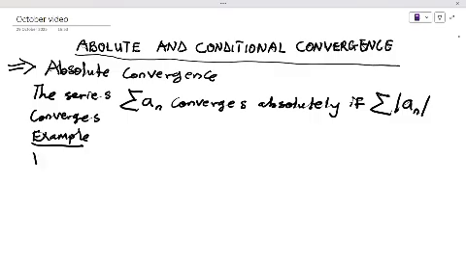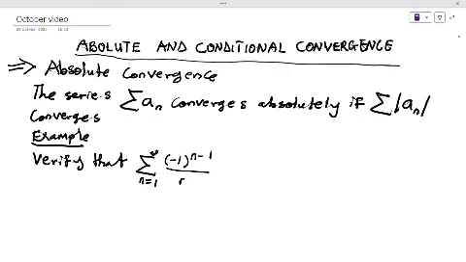Let's say, verify that the infinite summation from n equals 1 of (-1)^n over n to the power of 2 converges. So they say we should verify if it converges. All right, so how do we solve this?